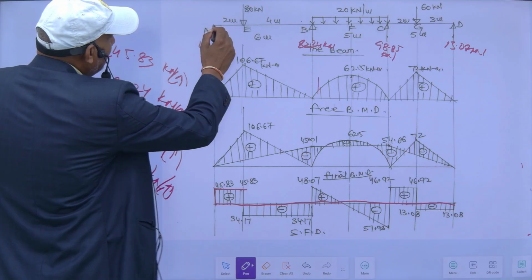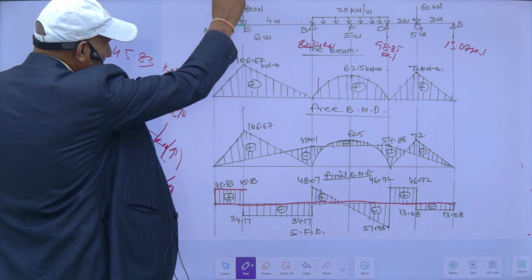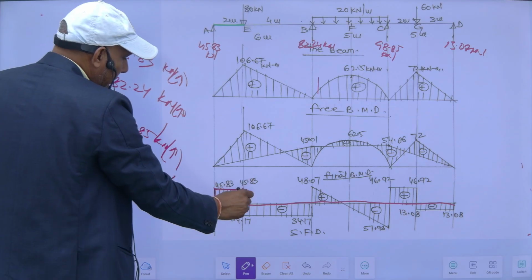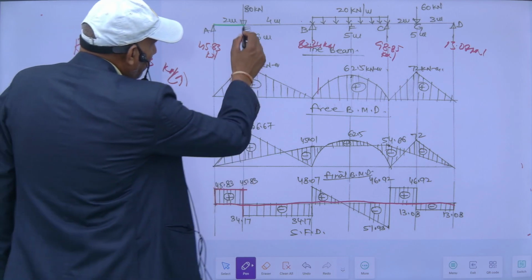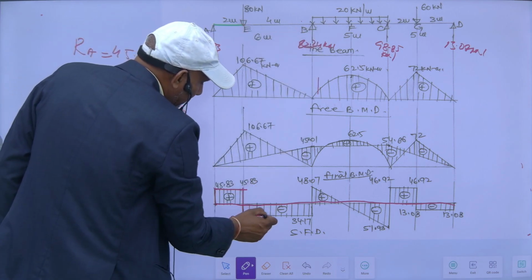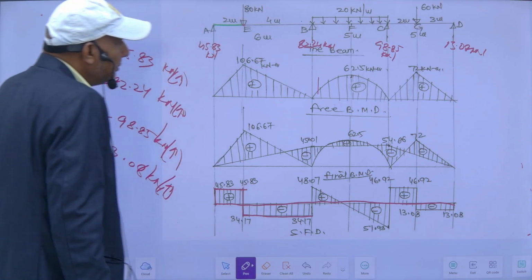Since no load is acting in this portion, then again it will go 80 downward. So I will get minus 34.17. Then from this point to this point will be like this.